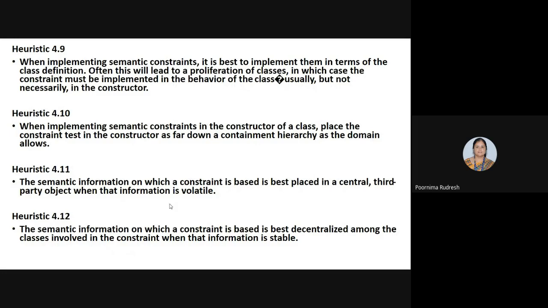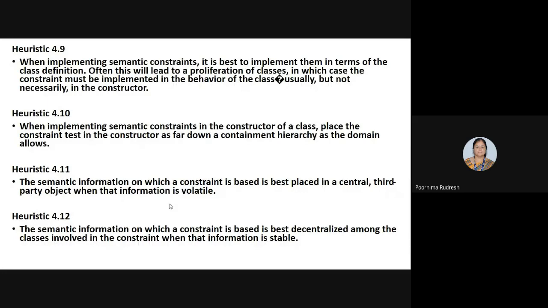Means whenever we are creating the classes and objects, there we have to implement the semantic constraints. Often this will lead to a proliferation of classes problem, obviously, in which case the constraint must be implemented in the behavior of the class, usually, but not necessarily, in the constructor.